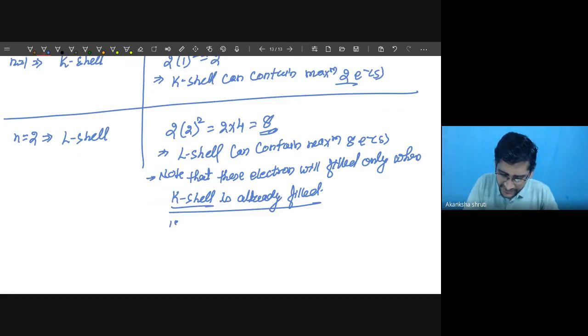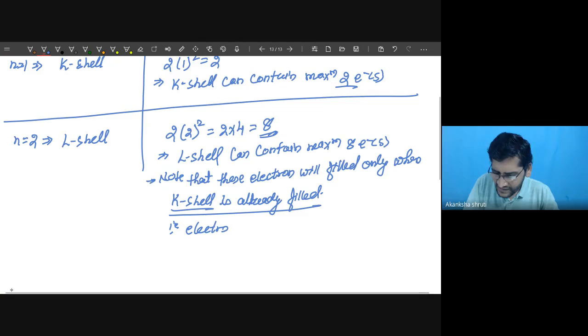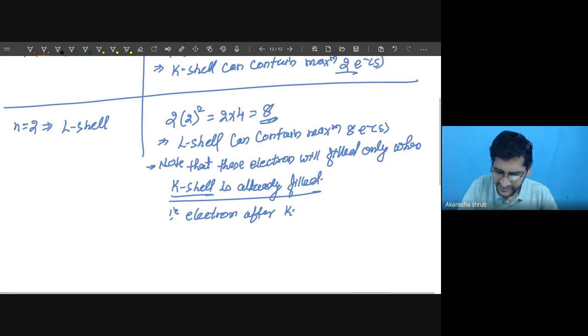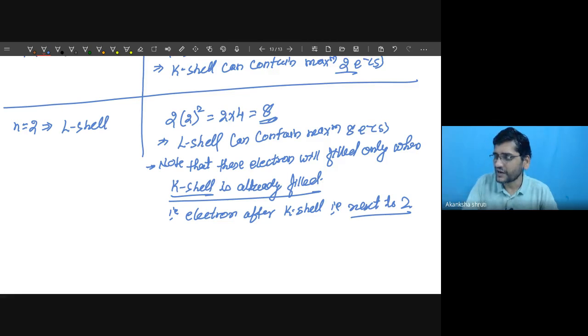That is, electrons after the 2, after the K shell, that is next to 2. Next to 2 means after 2.